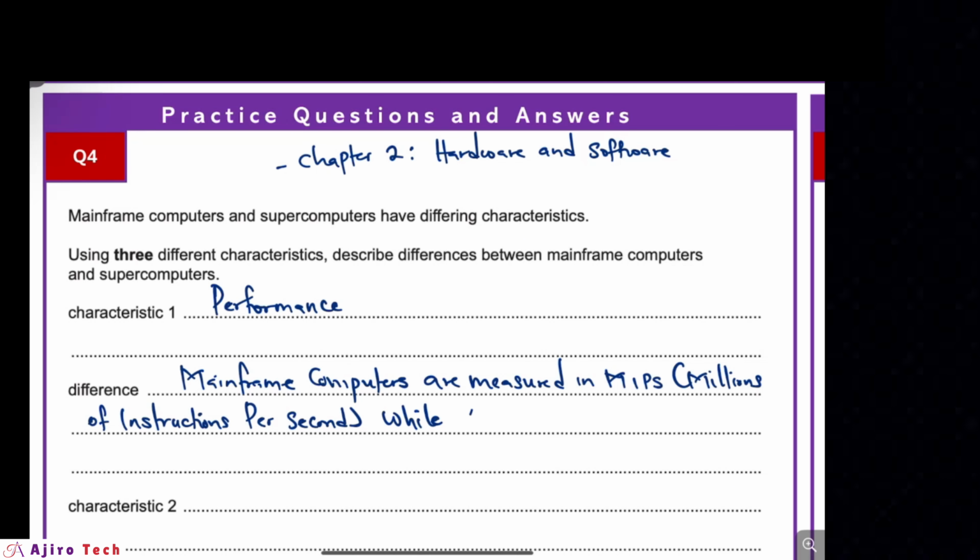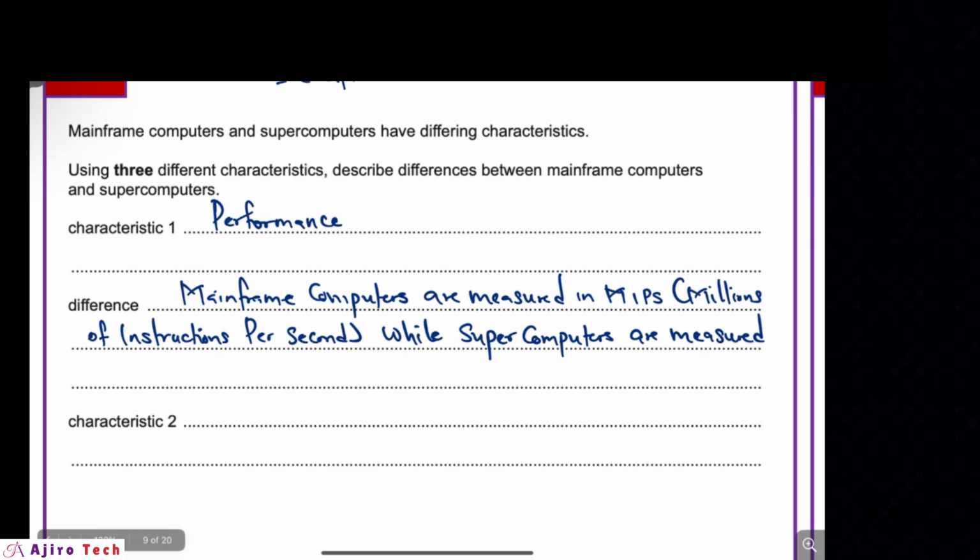While supercomputers are measured in what? In FLOPS. And that FLOPS means what? Floating point operations per second.